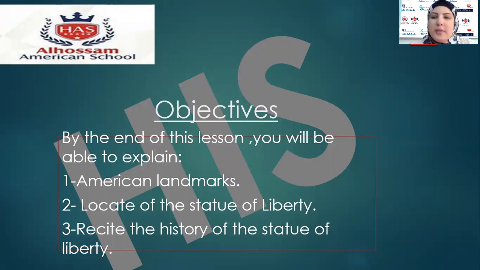By the end of this lesson, you are going to know what the American landmarks are, the location of the Statue of Liberty, and we will speak about what liberty is and the relation between liberty and America.